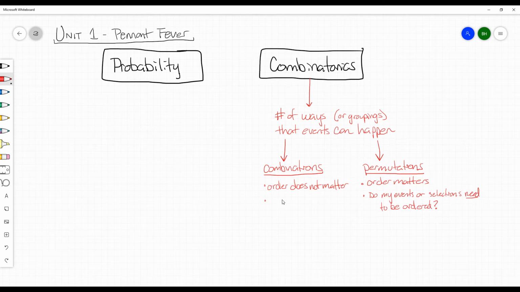Similarly, with a combination, we want to look specifically at the different ways that things can be together. It's the total number of ways that things can be together.